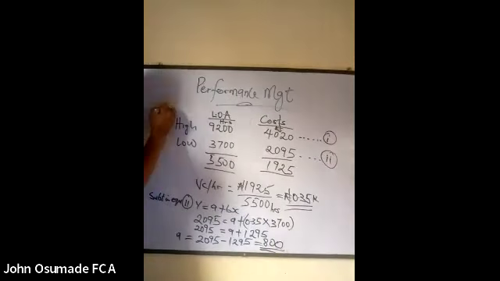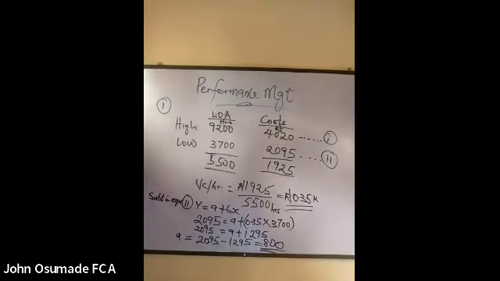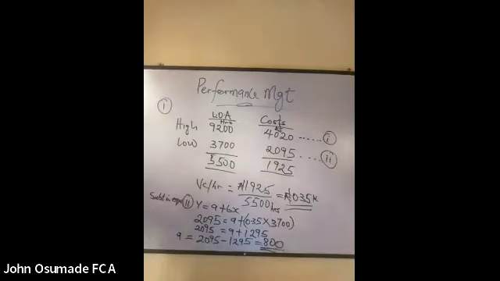This is part of question 1 that we are just done. We are able to get our fixed cost and variable cost. And I told you that variable cost per unit is constant, irrespective of level of activity.